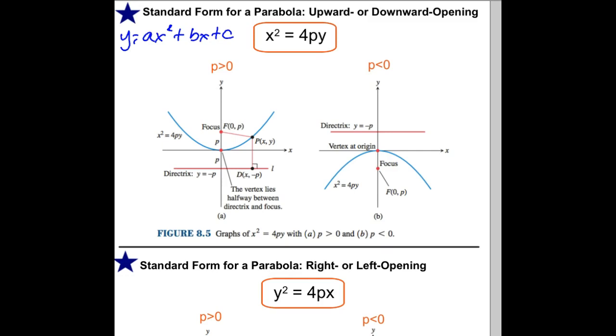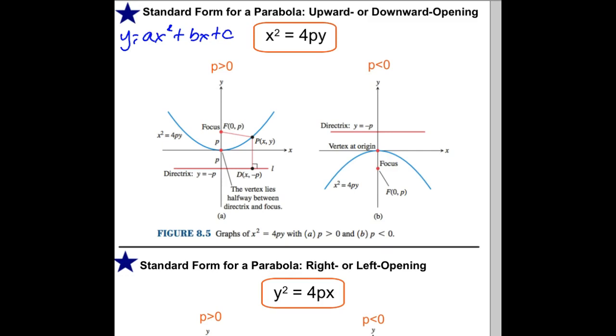So the ones I need you to start memorizing are in the little orange boxes here. We have x squared equals 4py, and down below we have y squared equals 4px. So highlight those. When I say, what is my basic equation for a parabola, you're going to give me those two.